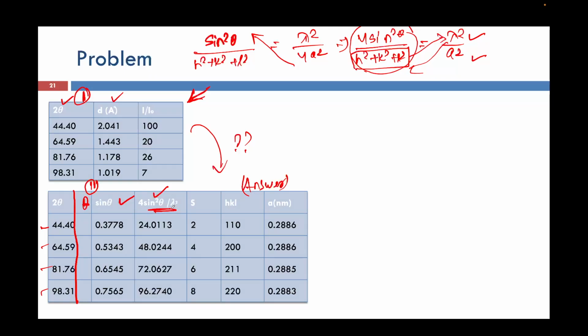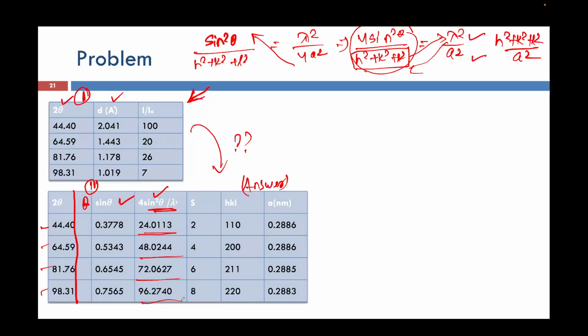When I calculate this term, I will finally get h square plus k square plus l square by a square. Now I have got values like 24, 48, 72, 96. Now you have to assume something, or do a trial and error method.